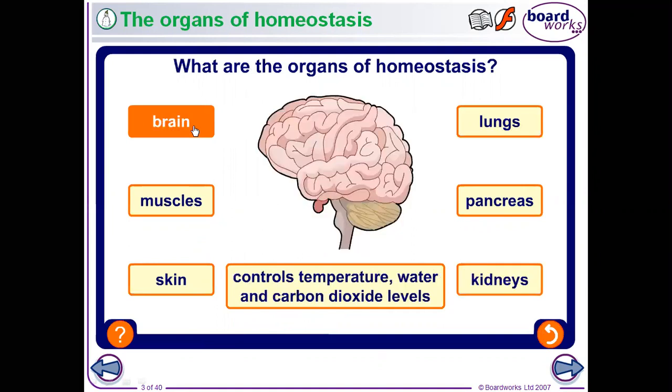The brain is the part of the human body that controls temperature, water, and carbon dioxide level in your body. In the brain, there is a part called the hypothalamus. The hypothalamus contains receptors for temperature and water, the thermoreceptor and osmoreceptor.